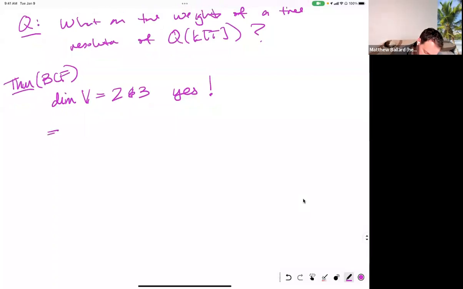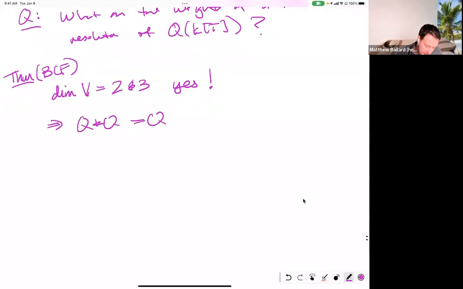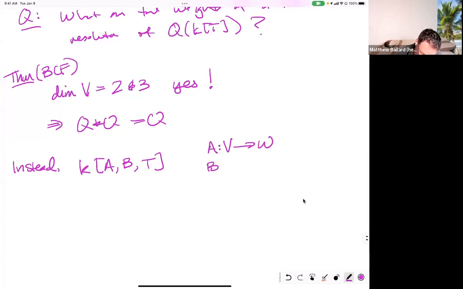So this implies Q star Q is Q, right? And moreover, maybe I look at K, A, B, and T. So A is before, B is before, and T is here. Okay.